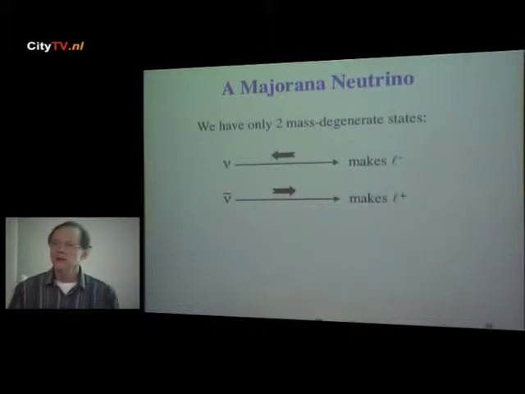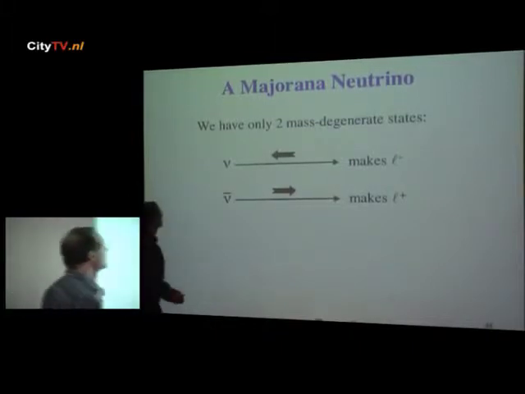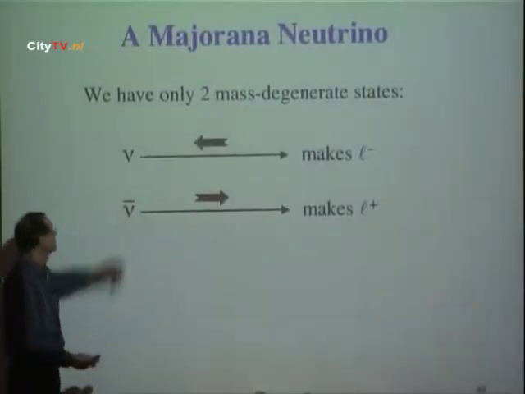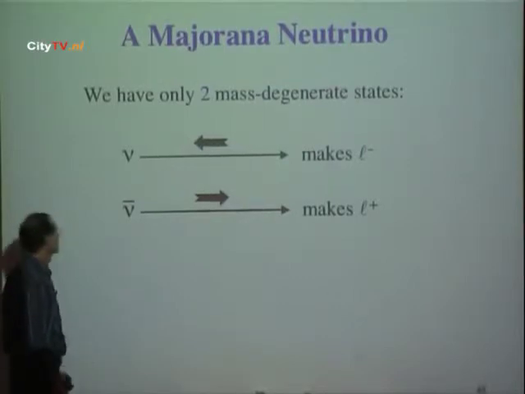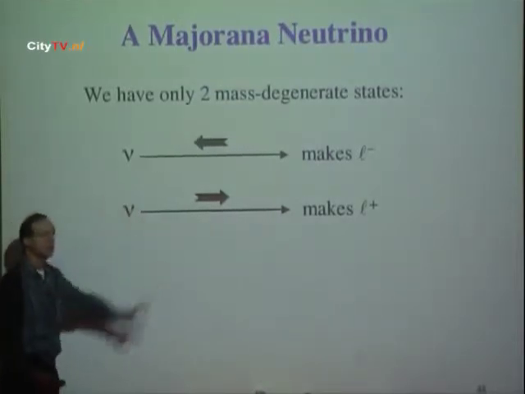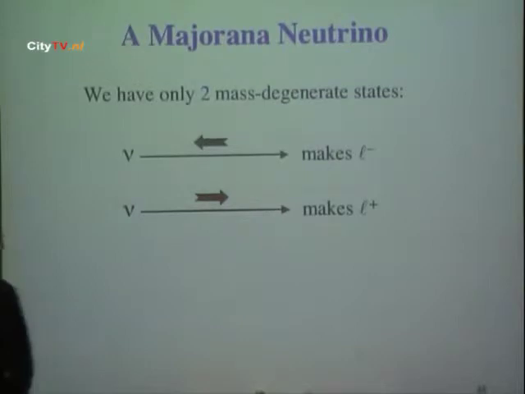There is no conserved lepton number now. If there were, this particle and that one would be different. But in the Majorana case, they're not. In fact, there is no difference between this particle and that one other than their opposite polarization. So you can just erase that bar. The only difference between these two particles is their handedness, their polarization.